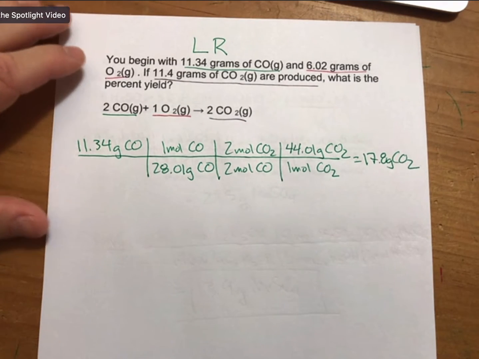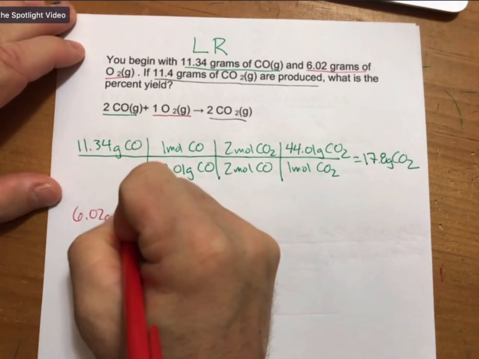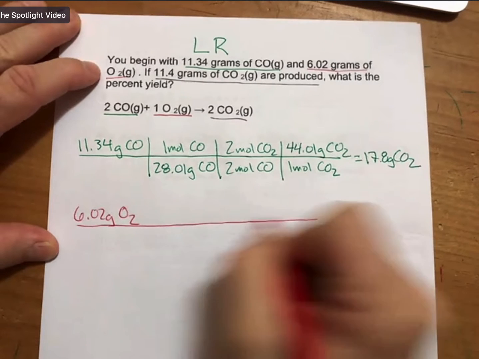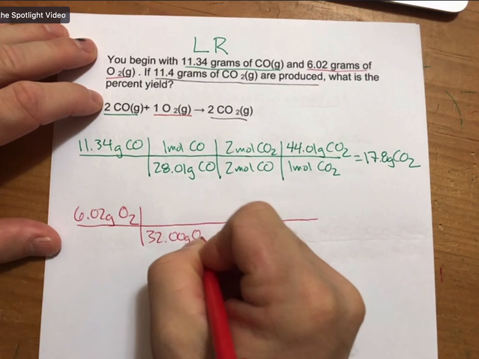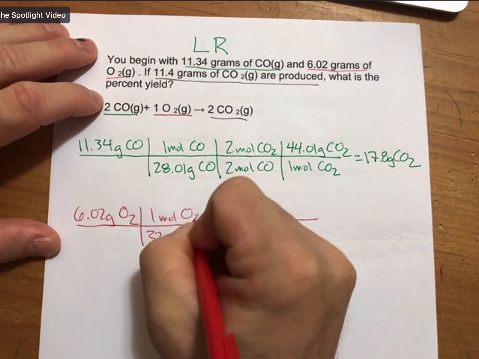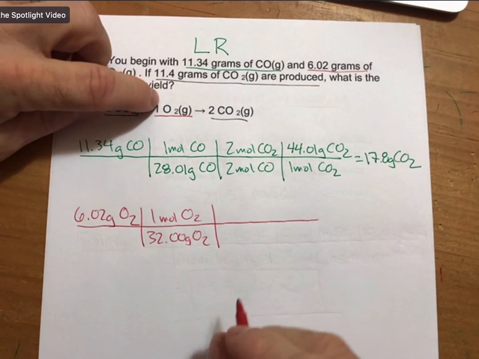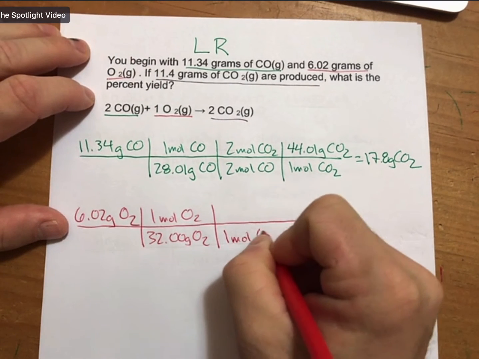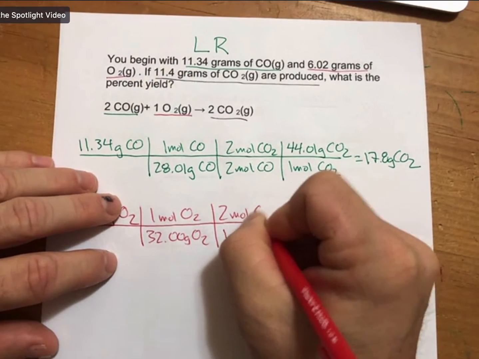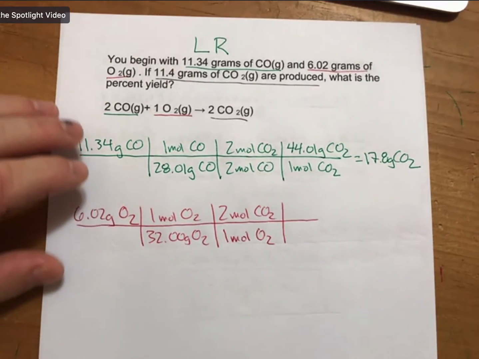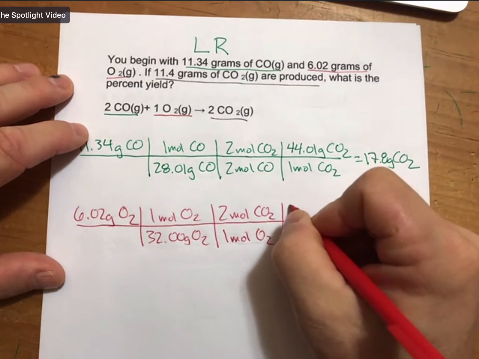Rinse and repeat, as they say. So 6.02 grams oxygen. I know that there are 32.00 grams of oxygen per 1 mole. I know now, using the balanced reaction, that there's 1 mole of oxygen for every 2 moles of carbon dioxide. And the last step in these, the way I do it, is always the same.